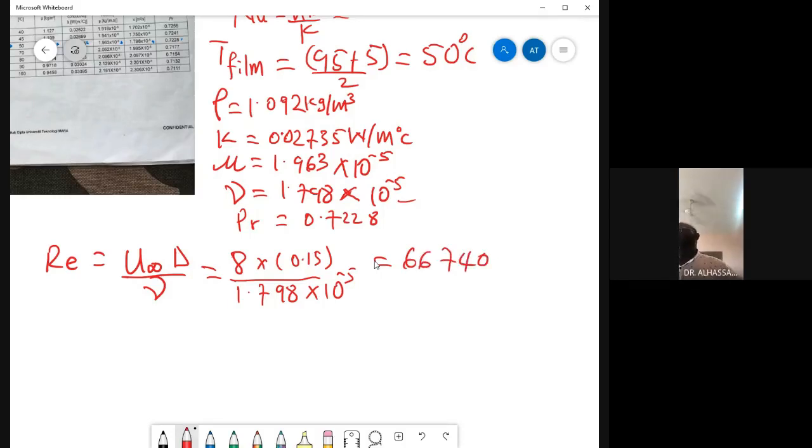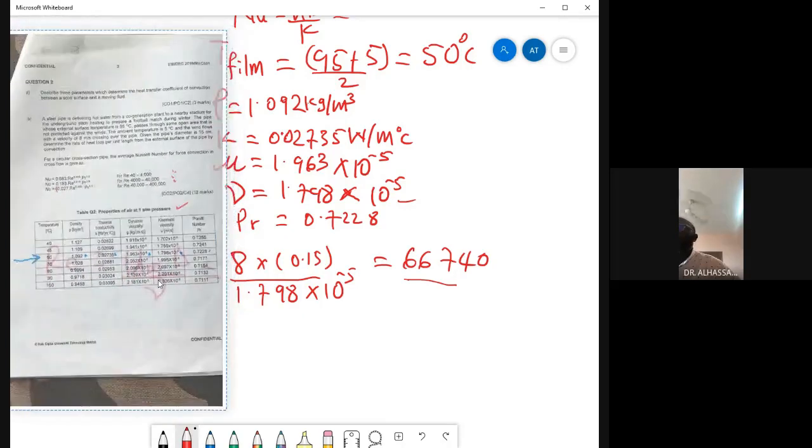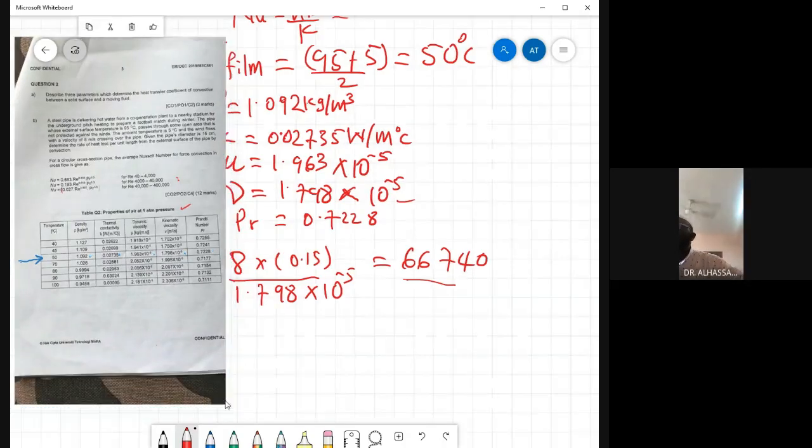66,740. So now, if we compare this Reynolds number with the information we have in the table, look over here. Maybe I should enlarge it a little bit.